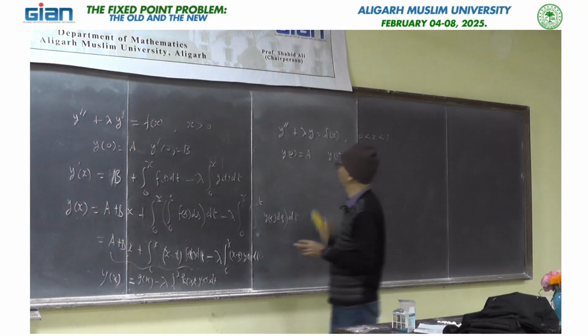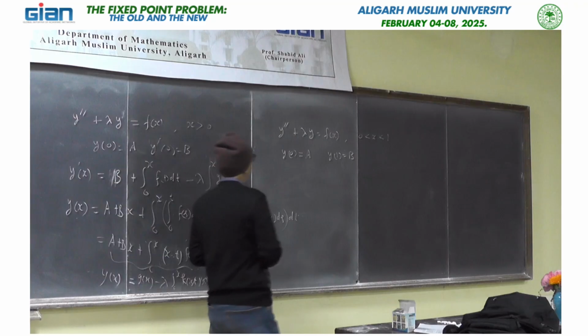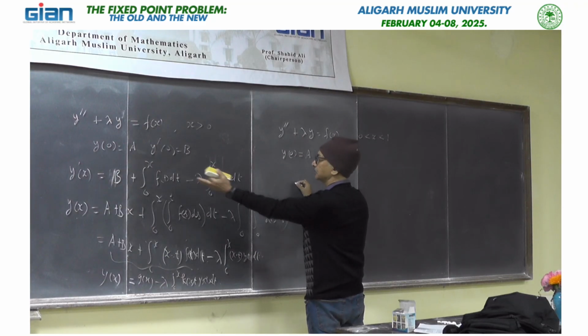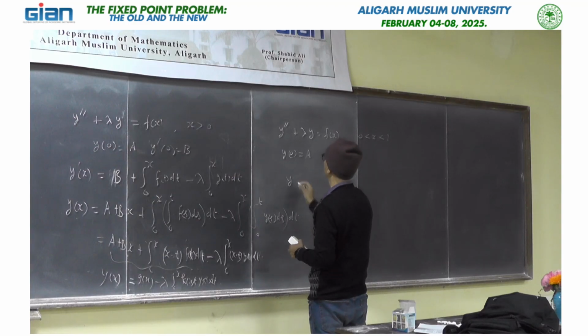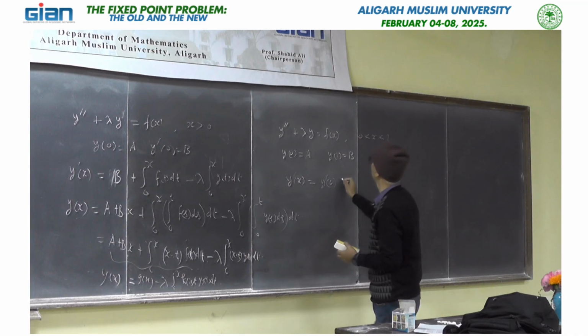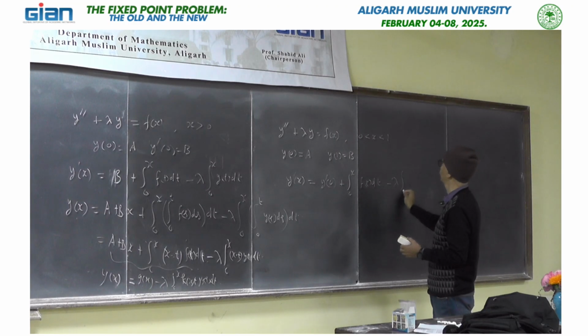Now, how to convert this to an integral equation? We follow the same procedure and see what we get. Again, the first integration will lead to the same one, though of course we do not know y prime(0). So, y prime(x) equals y prime(0) plus the integral from 0 to x of f(t) dt minus lambda times the integral from 0 to x of y(t) dt.